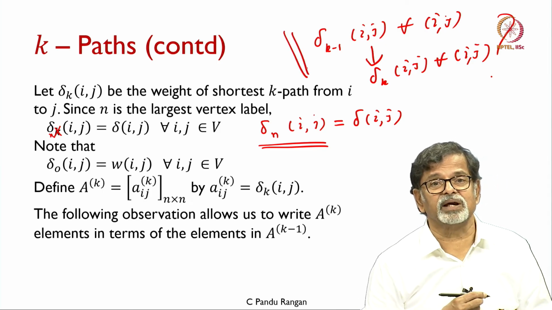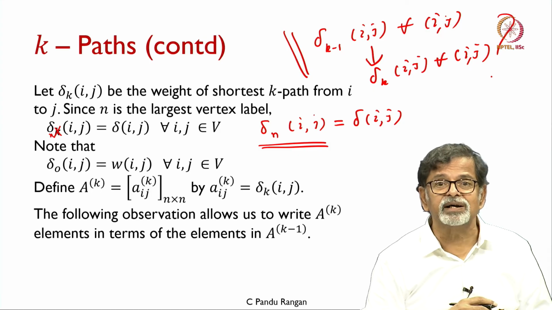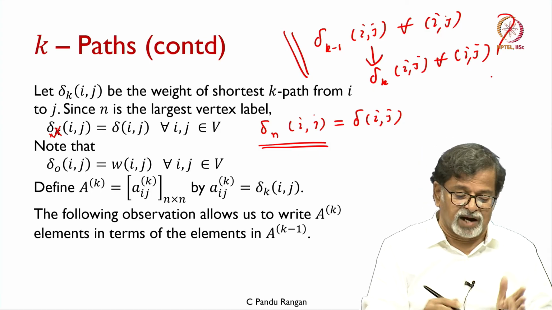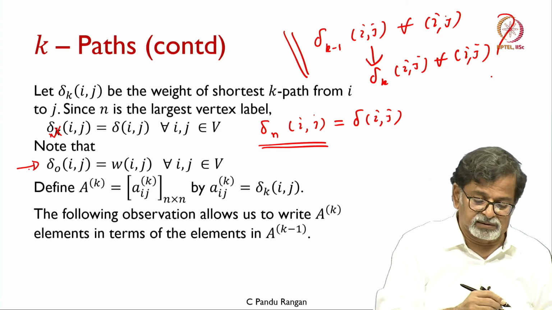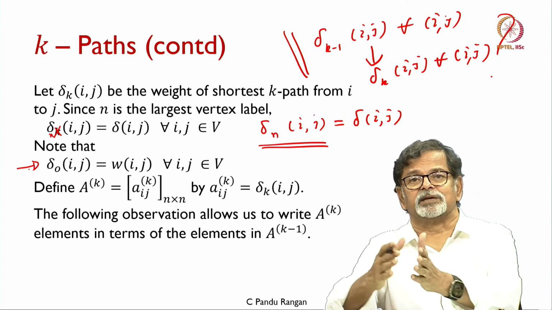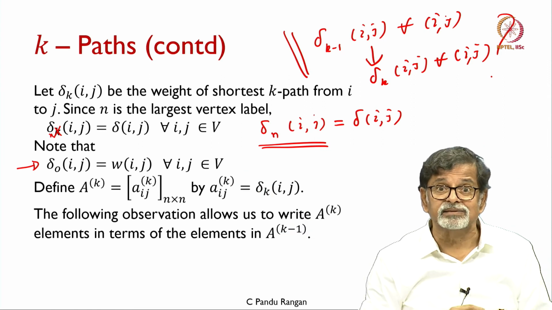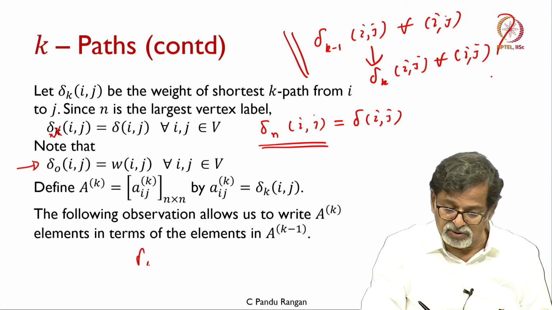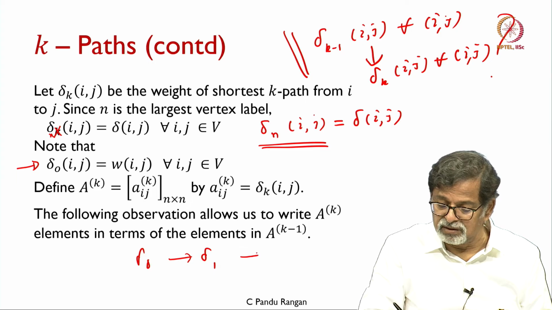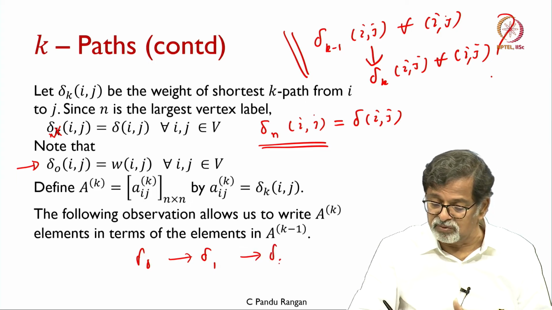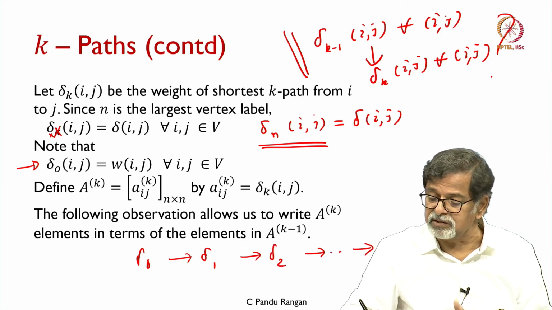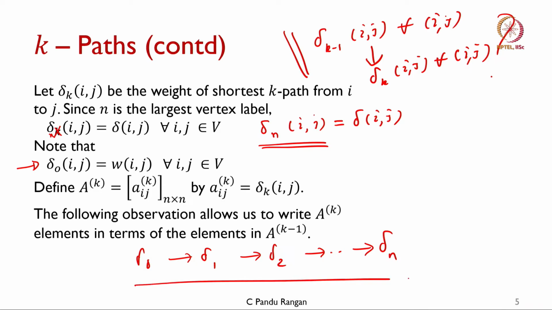If it is possible, then I will start from delta 0 ij, keep applying that process again and again and reach delta n. From delta 0 I go to delta 1 for all i, j, and from delta 1 I go to delta 2, and I stop when I get delta n. The standard approach.